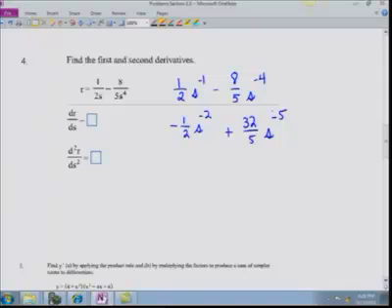Would that be right? Okay. And if we had to write it, maybe I can write the answer right over here. What's that going to be? Negative 1 over 2x squared plus 32 over 5. That's fine.